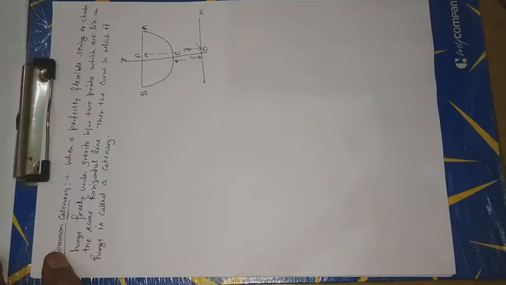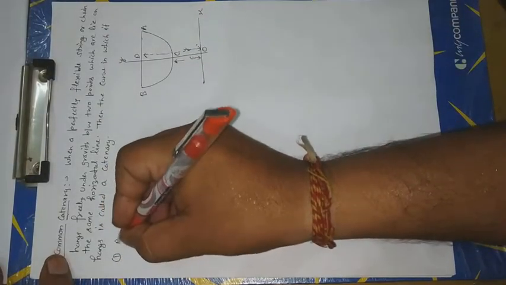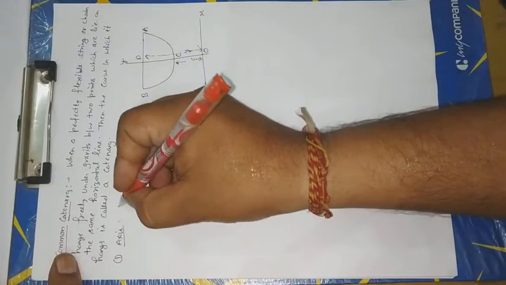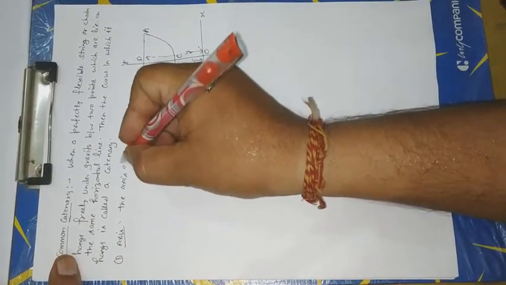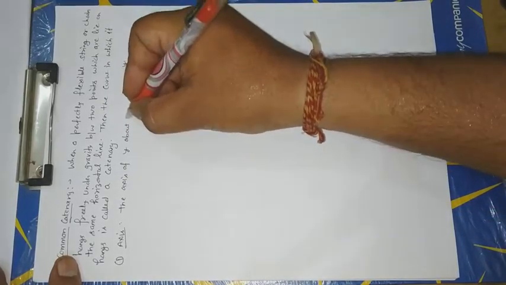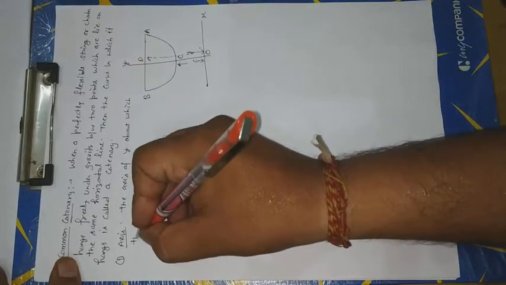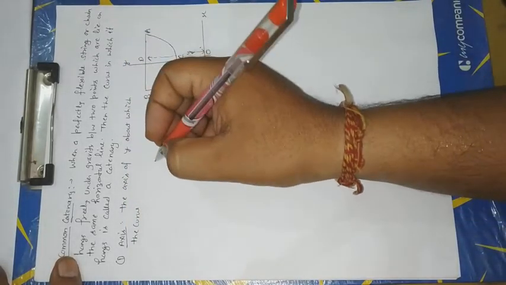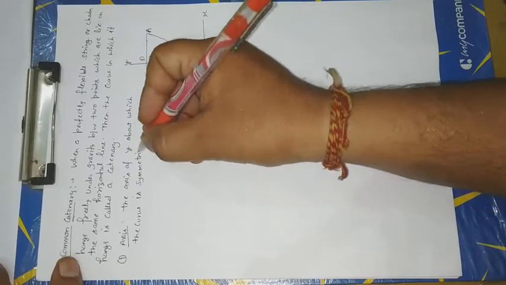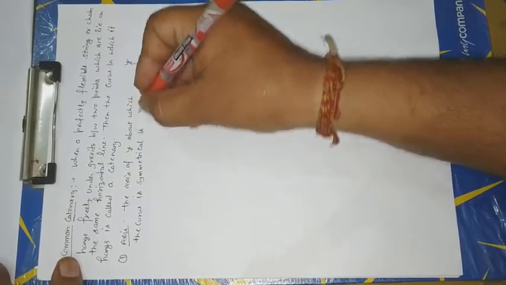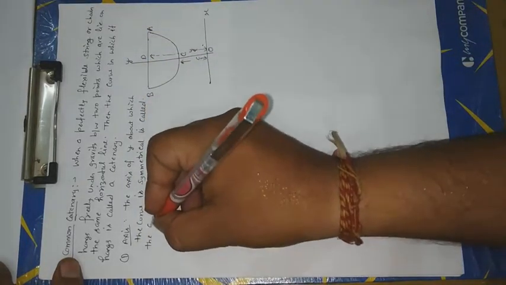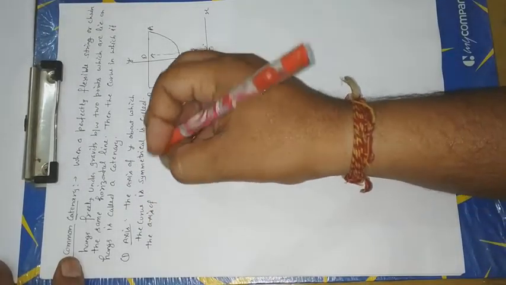Now first, axis. The axis of y, about which the curve is symmetrical, is called the axis of the catenary.